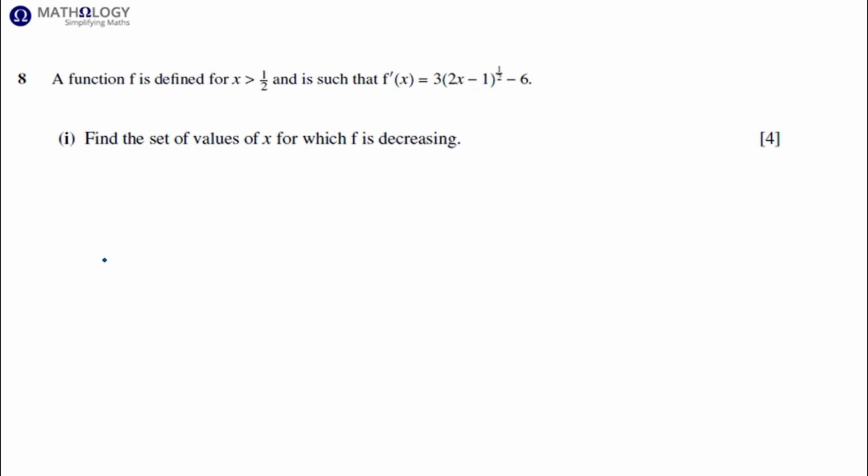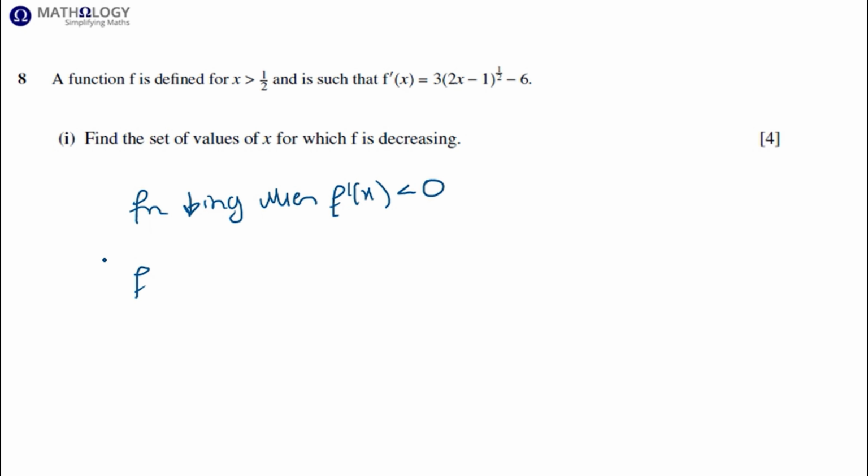The function f is defined for x greater than a half and is such that f prime x equals 3 times (2x minus 1) to the half minus 6. We're required to find the set of values of x for which f is decreasing. Now a function is decreasing when the first derivative is less than 0.